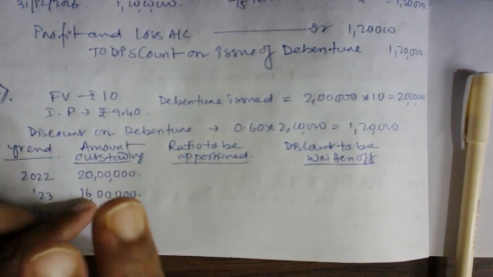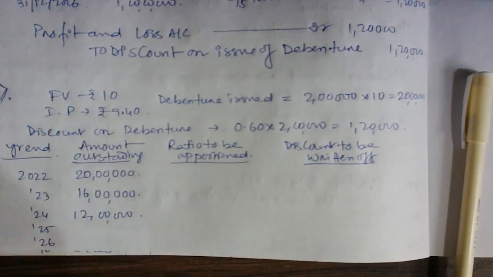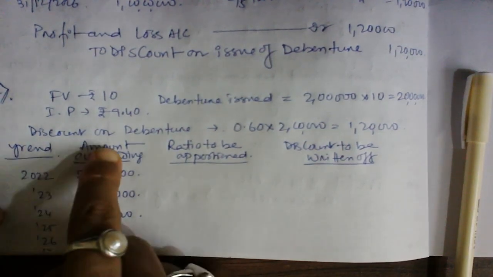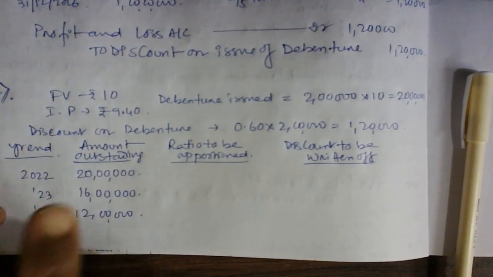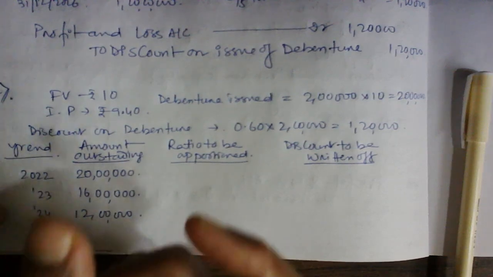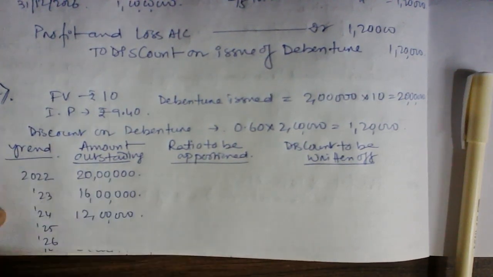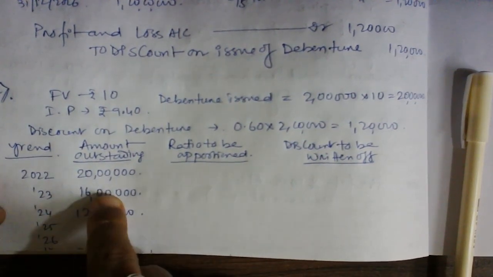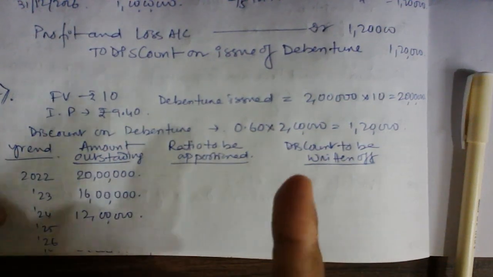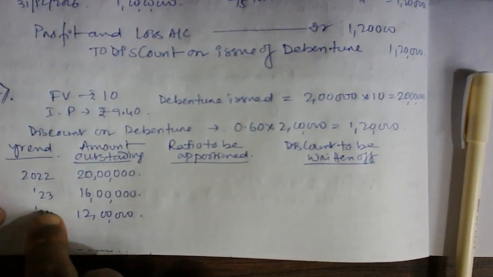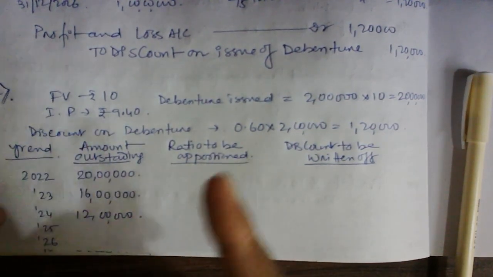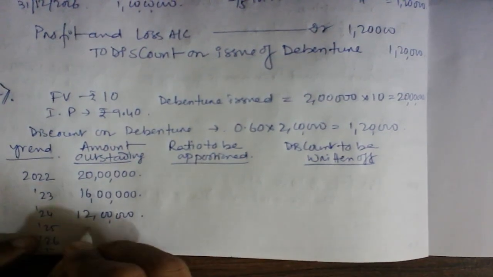Don't make it a little bit hazy. If you have any doubt, ask me, but make it clear. The amount you write down here as outstanding is nothing but the amount you used during the particular financial year, that is 22 में 20 lakh, 23 में 16 lakh obviously, because 22 के end में you have already paid 4 lakh, and then 24 के end में you have already paid 4 lakh more, so 25 में how much you have used? 8 lakh.